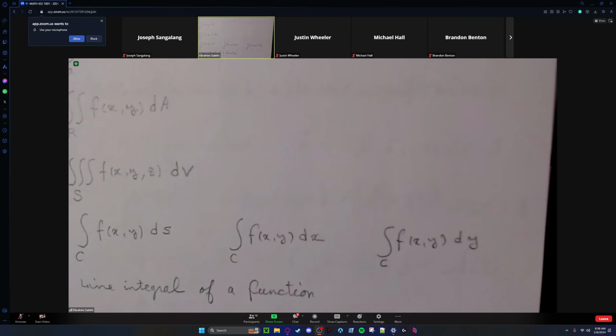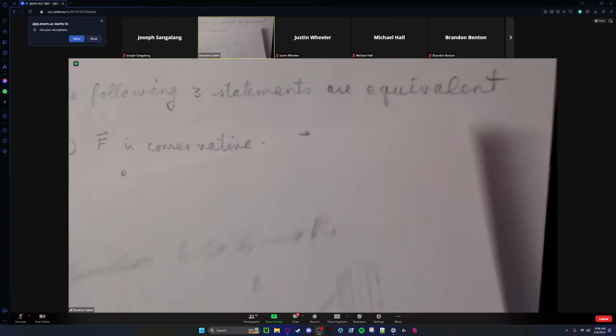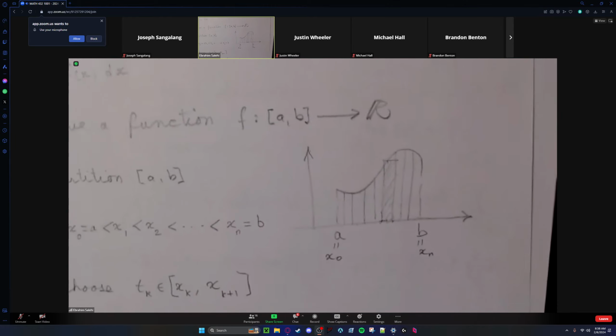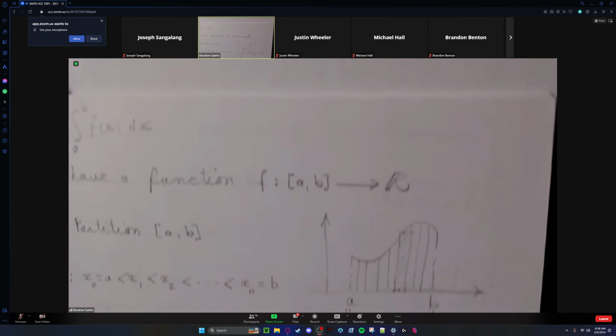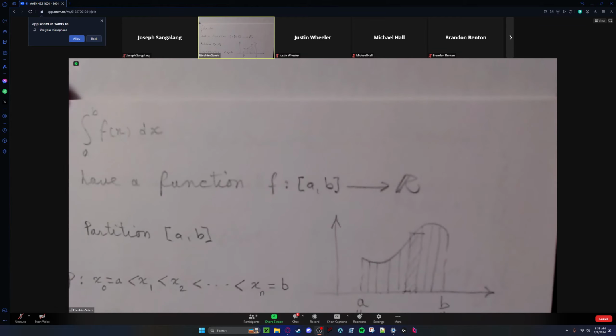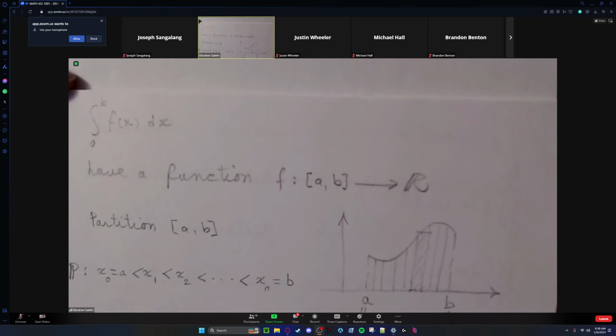So here is how the integration works, starting with calculus 1. And the rest of them will follow the same pattern, by the way.